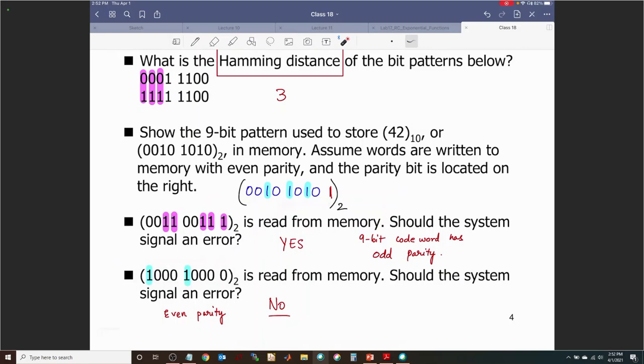What can I do here if I wanted to know if an error has occurred, and if I wanted more insight about which bit is in error? What would I need to do?